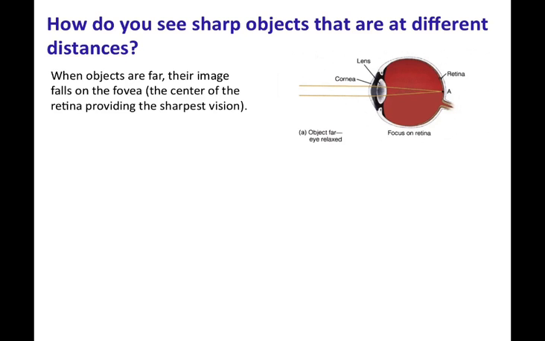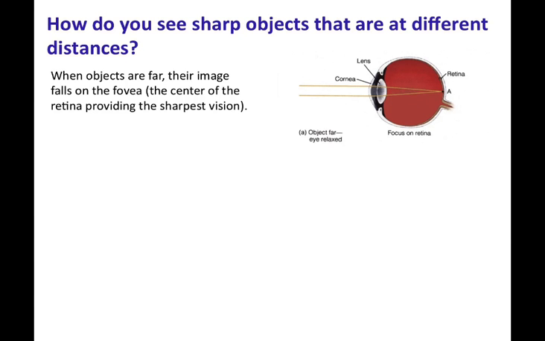If you remember a little bit of physics from high school, an object that's really far away, the way physicists like to model it, sends parallel rays of light into your eye, and then there is a lens there. The image is going to be sharp exactly at the focal length of your lens, and it turns out that the distance between the lens and the retina is exactly the focal length of our eye's lens.